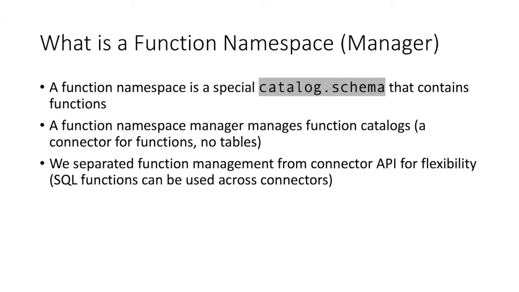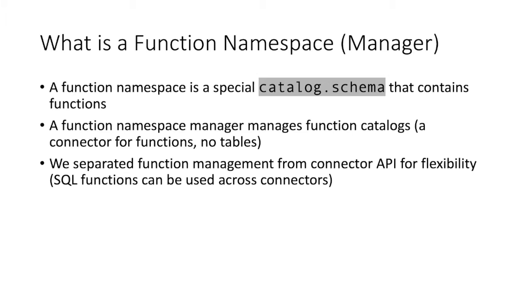So what is a function namespace, or what is a function namespace manager? A function namespace is like, if you are writing in any other programming language, that kind of concept. It's basically a dotted notation that would wrap some functionality or some objects as a separate packaging.